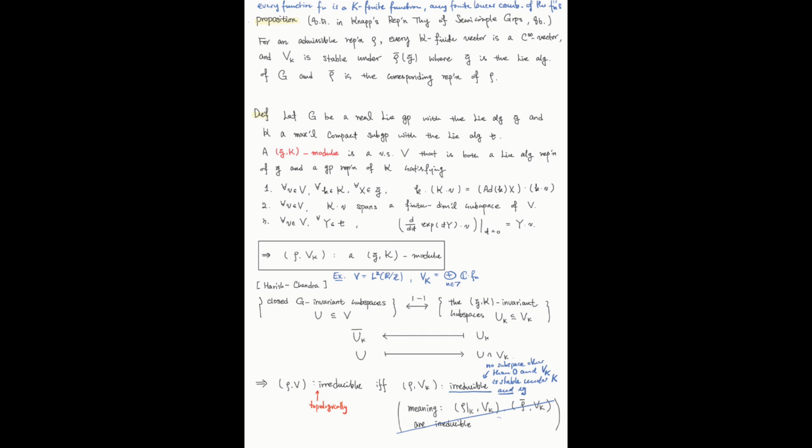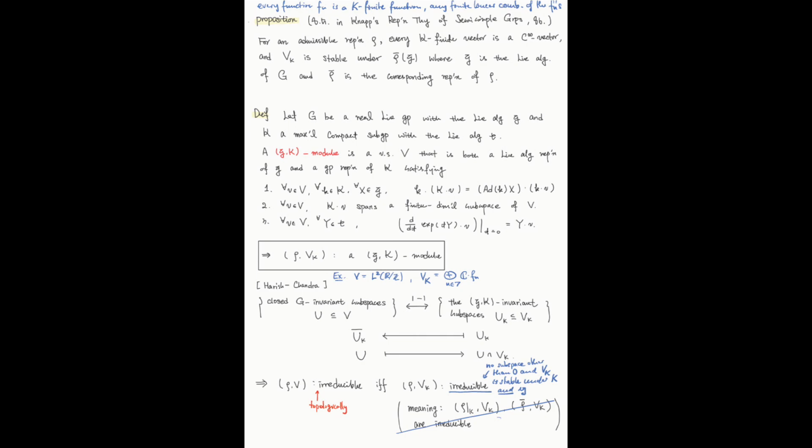Then a (g,K)-module is a vector space V that is both a Lie algebra representation of g and a group representation of K, satisfying these three conditions. The first and third conditions are trivially satisfied if we consider the corresponding representation, and V_K satisfies the second condition. So ρ on V_K is a (g,K)-module.